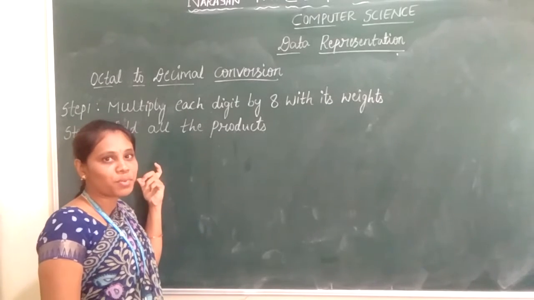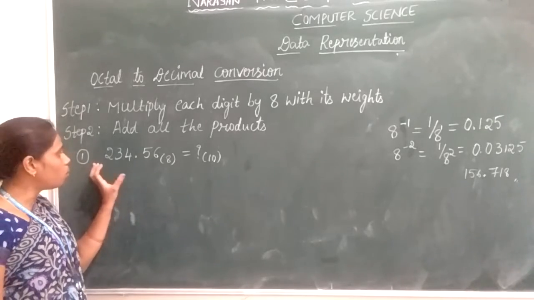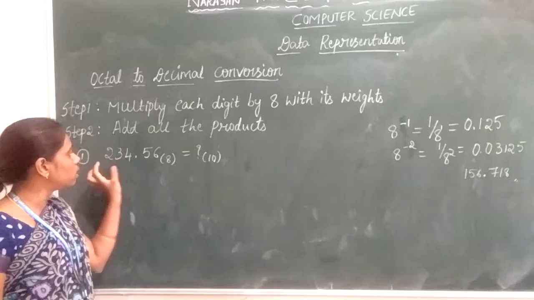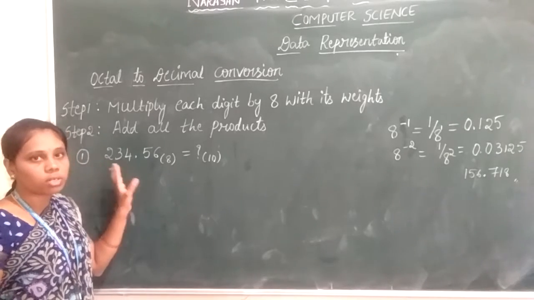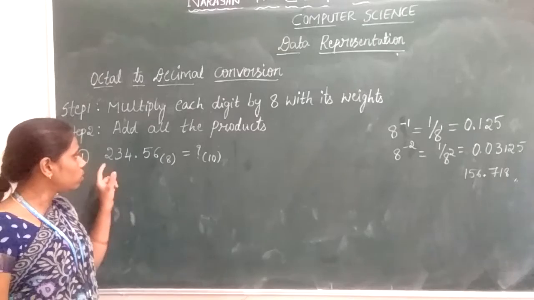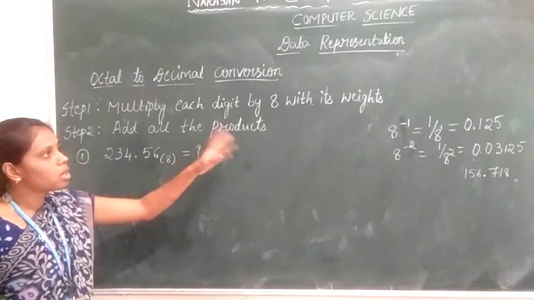The first example problem is, consider this example. See, this is an octal number. Why? Because all the digits are in the range of octal numbers. Now this should be converted to decimal. Multiply each digit by 8 with its weight.